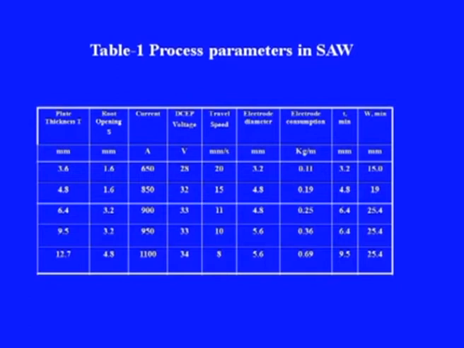Similarly, for other plate thicknesses like 4.8, 6.4, 9.5, 12.7 etc., values are given in this particular table, and this can be calculated or arrived at from experimental data.